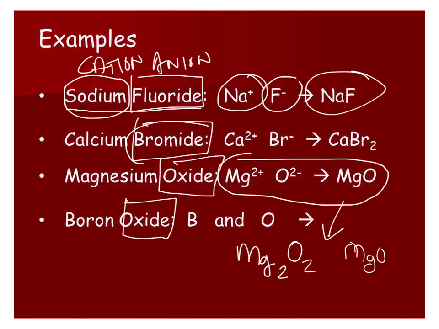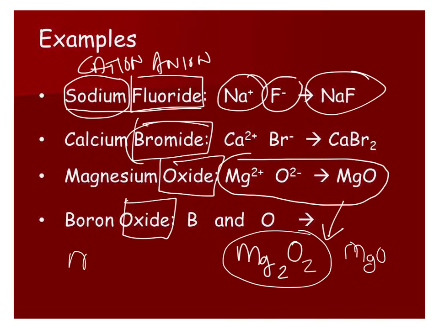Because we just did the crisscross, and the crisscross, I've been telling you, gives you the subscripts. The actual rule that we have to follow, for the last rule, is that the formula has to have the elements in the lowest whole number ratio.